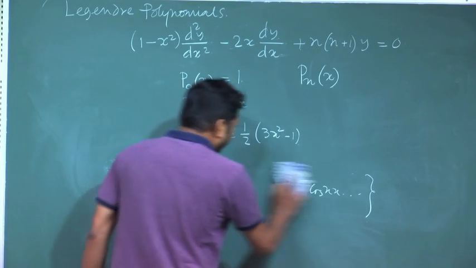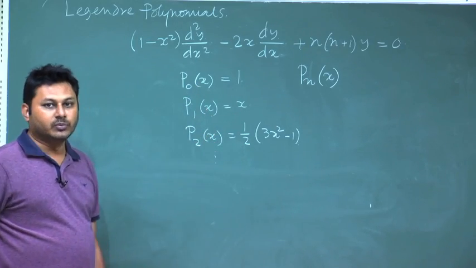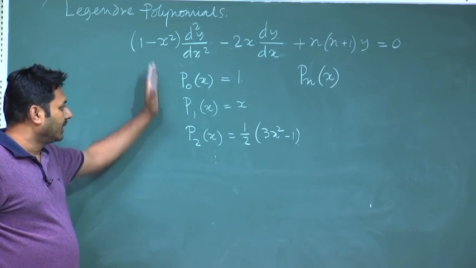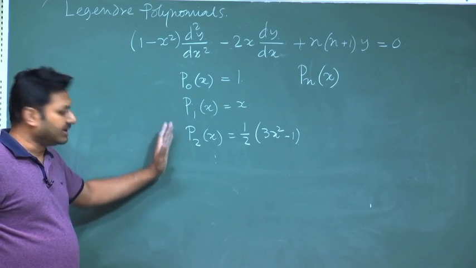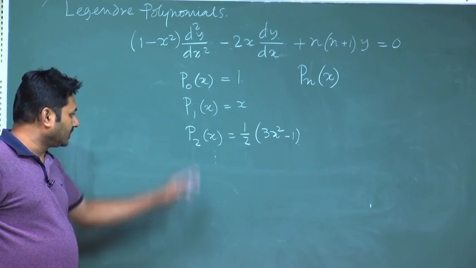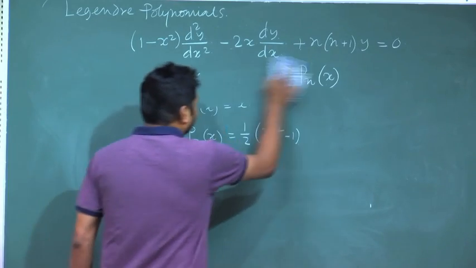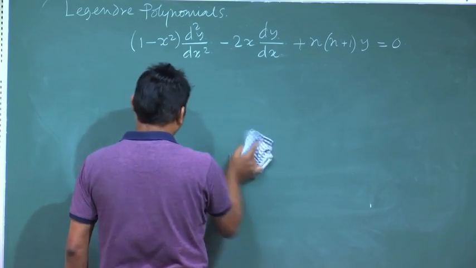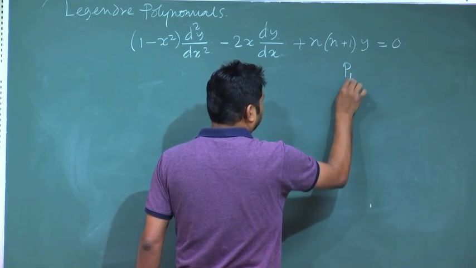Here, instead of sinusoidal functions, I have polynomials. They can form the basis, but before that we should also learn how to get these. So let me write somewhere here on the right hand side a few values of a few polynomials.